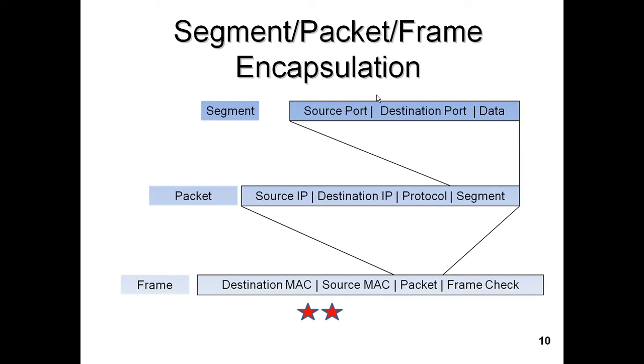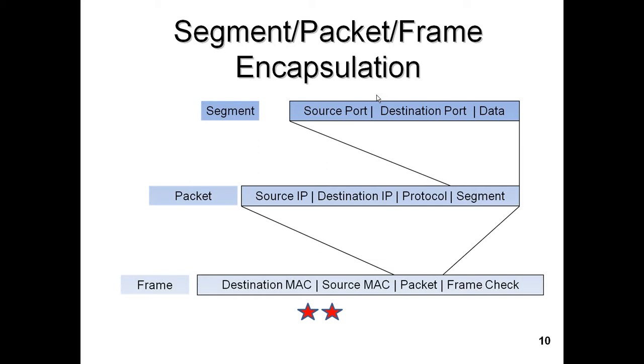But right now I want you to look at this encapsulation, think about the segment. We get a source port and a destination port. What port is it going to? What port is it coming from? That segment drops down into a thing we call the packet. Now this is layer 3. And in layer 3, this is where our IP addresses get put on, our Internet Protocol addresses.